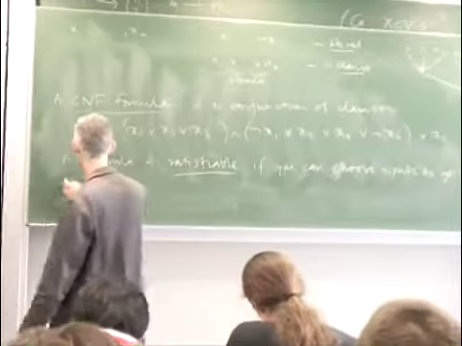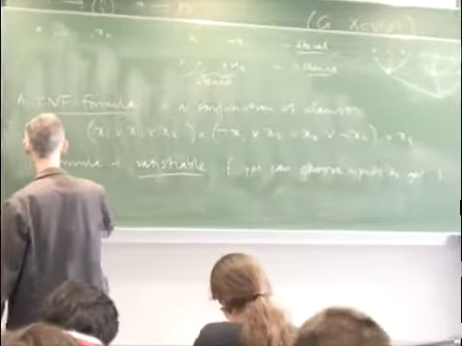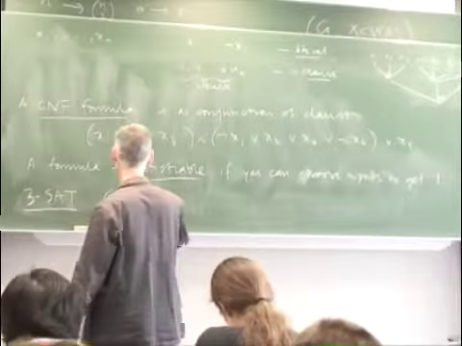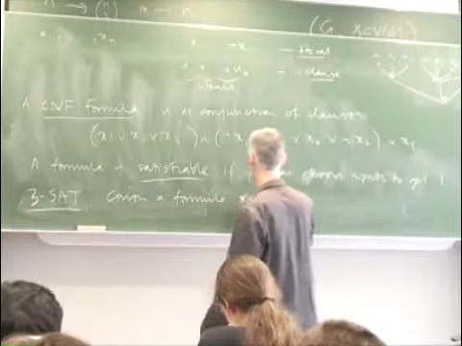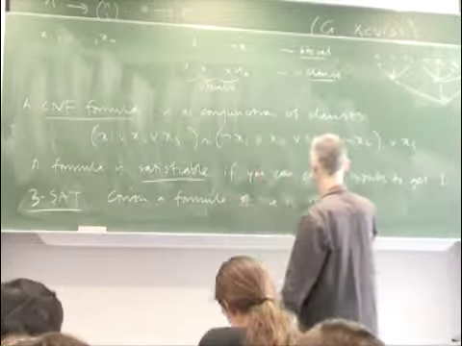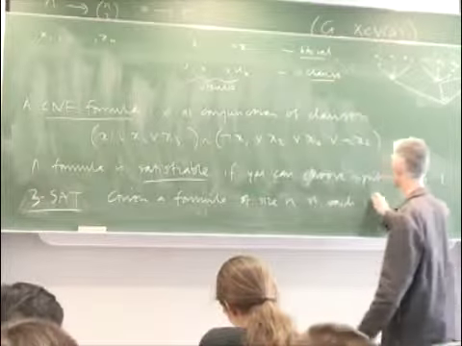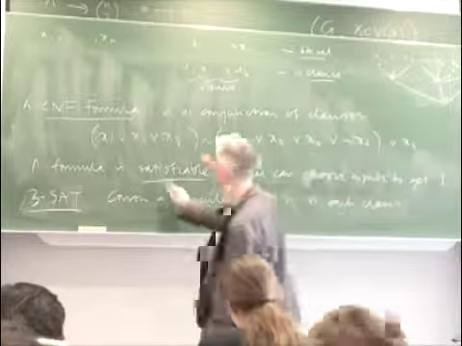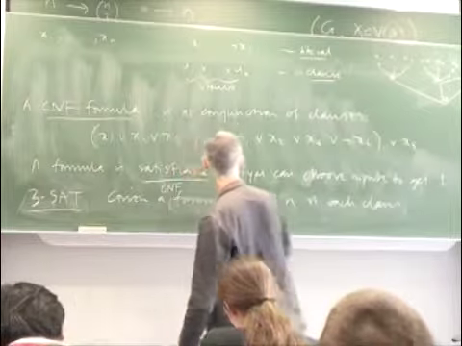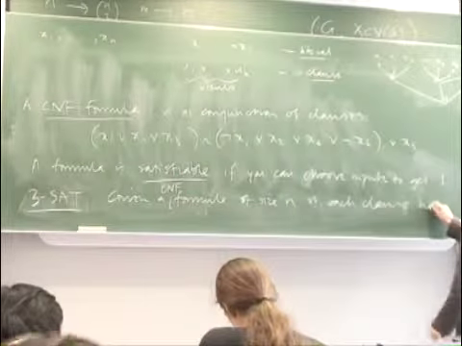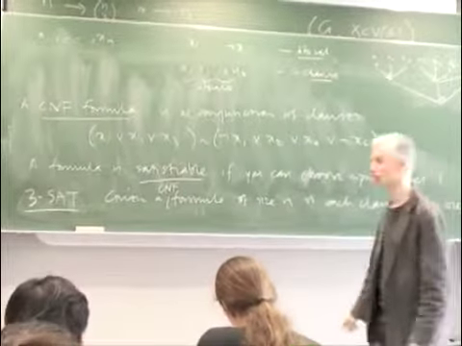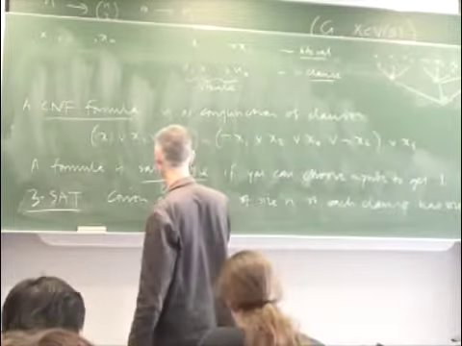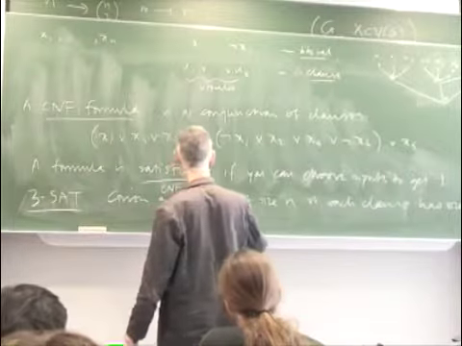So 3-SAT is the following problem. Given a formula of size n, such that, as I say, it's a CNF formula, each clause has size 3. Answer the question, is it satisfiable?